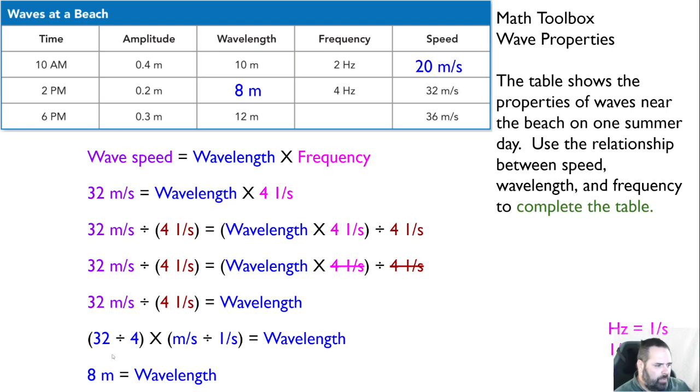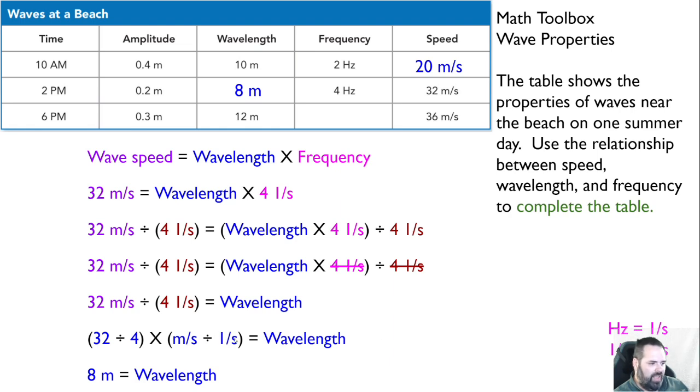Okay. So we're going to rearrange this so it's a little bit easier to work with. We got 32 divided by 4. 32 divided by 4 is 8, right? Times meters per second divided by per second, per hertz, okay? I don't know if you played around with this too much or not, but if you take 1 and divide it by 1 divided by s, you get s on top.